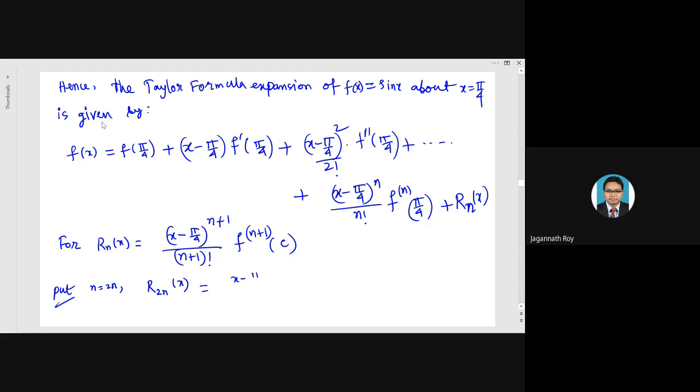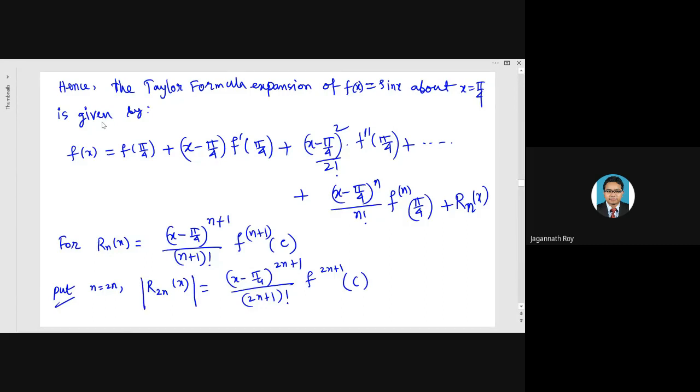(x − π/4)^(2n+1) / (2n+1)! times f^(2n+1)(c).